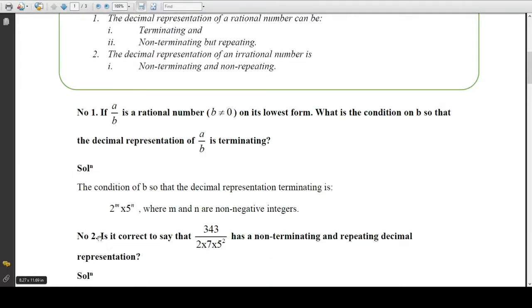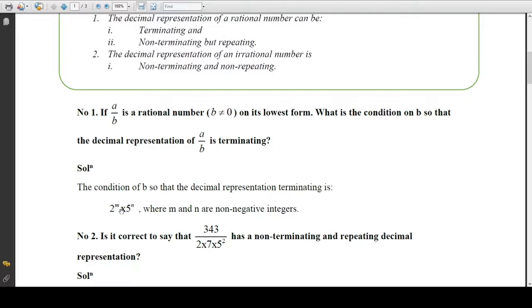That means to have a terminating decimal representation, the denominator should always have this form 2^m multiply 5^n. m and n can be non-negative integers, that means starting from 0, 1, 2, 3, 4, 5.